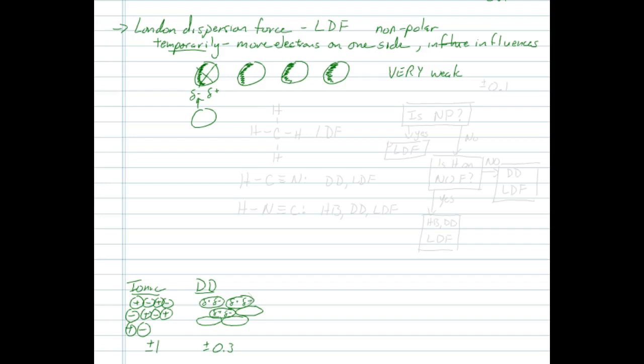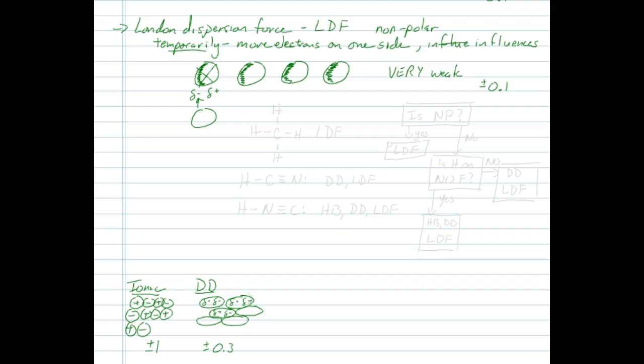London dispersion force, on the order of plus or minus 0.1. So dipole, 0.3, plus or minus, and then ionic is 1. So the hydrogen bond is slightly more than double the dipole. London dispersion forces are 10 times weaker than ionic. Those are rough numbers, not exact, but it just gives you an idea.